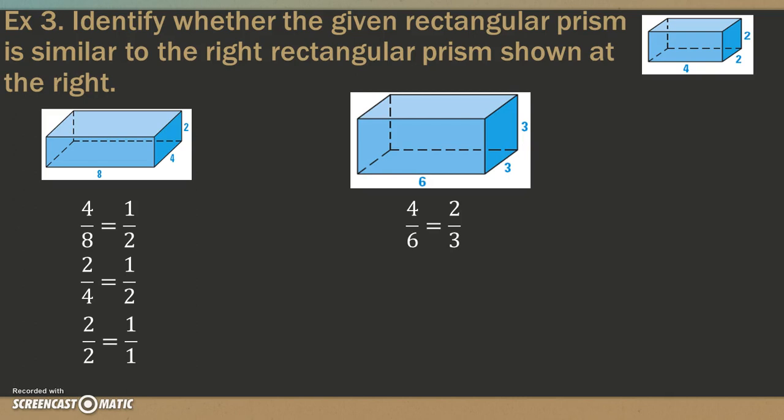We know that it's a square prism. So knowing this first one is a rectangular prism doesn't really work for us. This next one, it is a square prism. So we just have to check the ratios to see if they're the same. 4 over 6 is 2/3. 2 over 3 is 2/3. And 2 over 3 is 2/3. So this one is correct. This one is similar. It's a square prism, and they both have the same ratio. The height and the base have the same ratio.